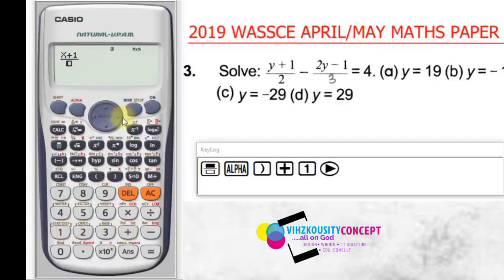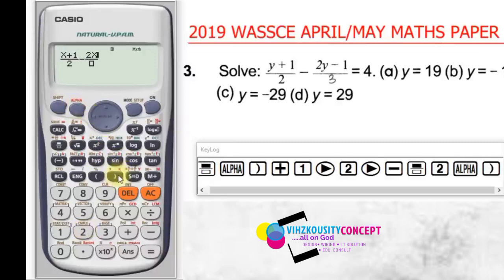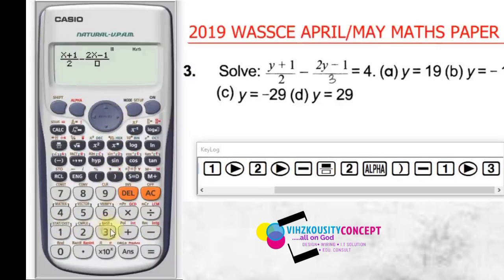I will press the forward button to go to the denominator, which is 2, and then press the forward button to input the negative sign, minus. Again I have another fraction, so I press the fraction button, 2y minus 1, but I know that is 2x, and to get x is alpha close bracket, minus 1, and I'm dividing by 3.